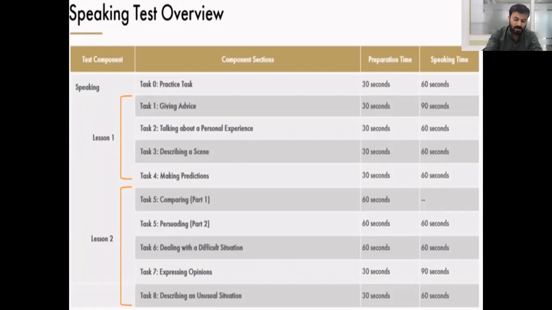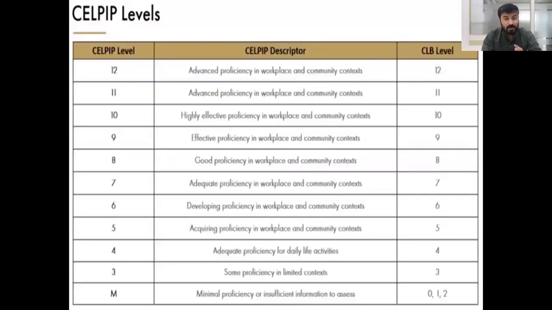Now, if I talk about the levels on the basis of which you will be given marks in this test, that is, CELTIP has been divided into various levels. So the maximum level that you can score is 12, and the one who scores 12 is said to have an advanced proficiency in maybe a workplace and community context.